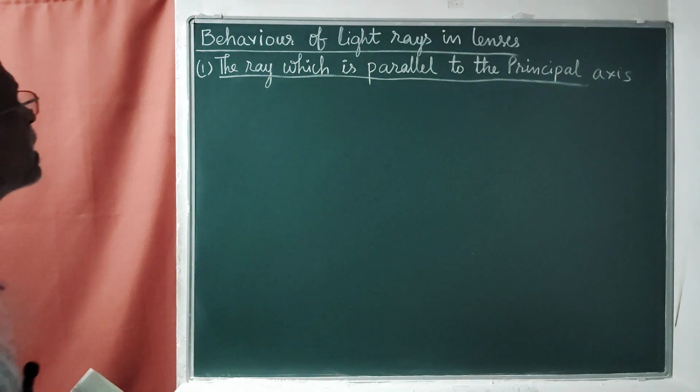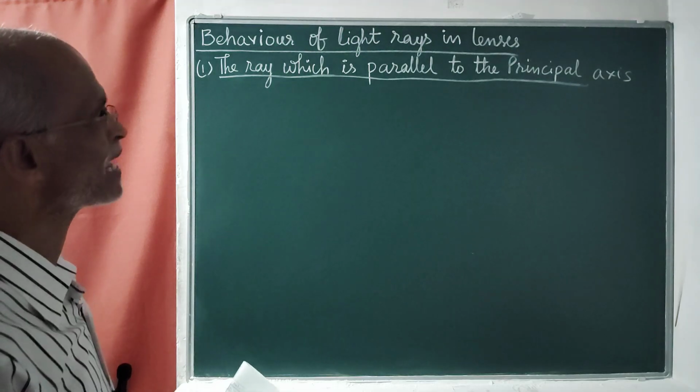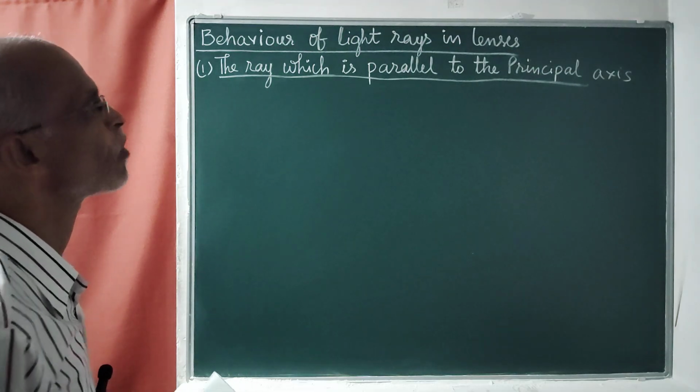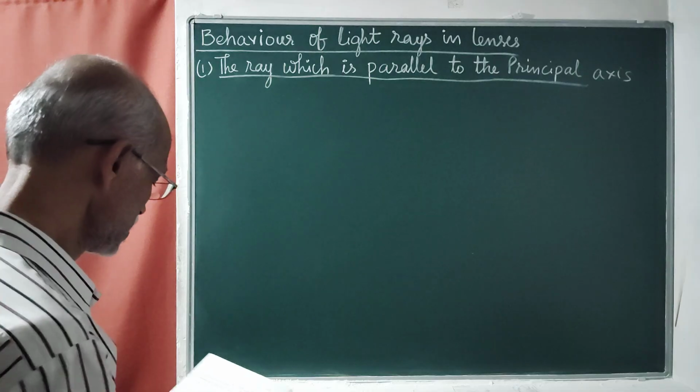Now we will see the ray that is parallel to the principal axis. How does that behave after refraction?